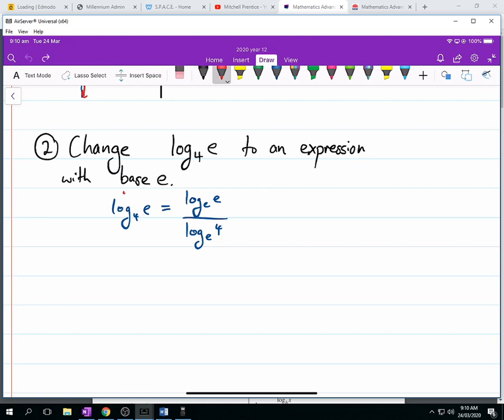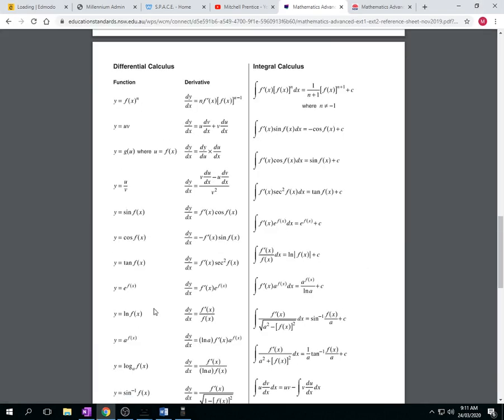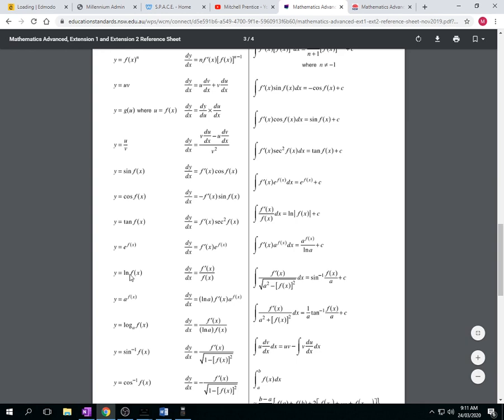If we then use our log laws, e to the power of what is e, and we know e to the power of 1 is e for this part here, so this would change to 1 over log base e of 4. And our other log law, if we wanted to, in our differentiation section, we have two formulas.